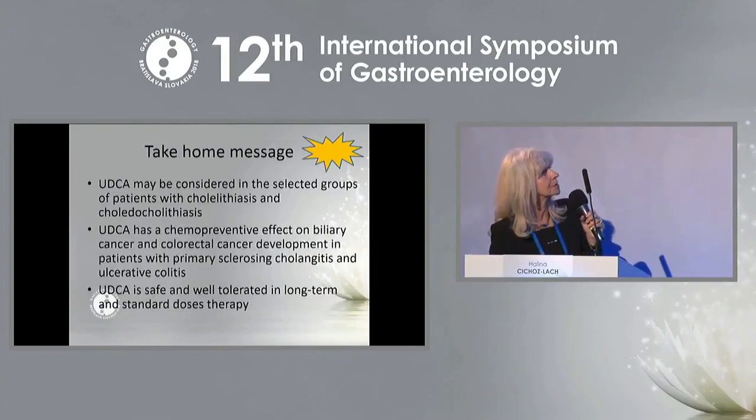More conclusions: it may be considered in selected groups of patients with cholelithiasis and choledocholithiasis, and has a chemopreventive effect on biliary cancer and colorectal cancer development in patients with primary sclerosing cholangitis and ulcerative colitis.